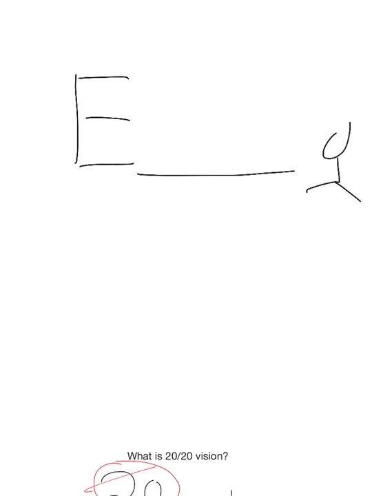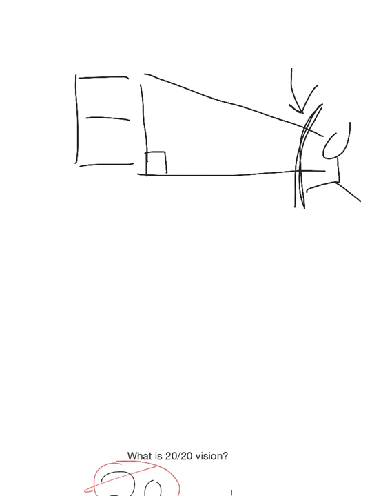You have a right triangle here. This E subtends an angle with your eye, and the angle that it subtends with the eye is called the minimum angle of resolution, or the MAR.